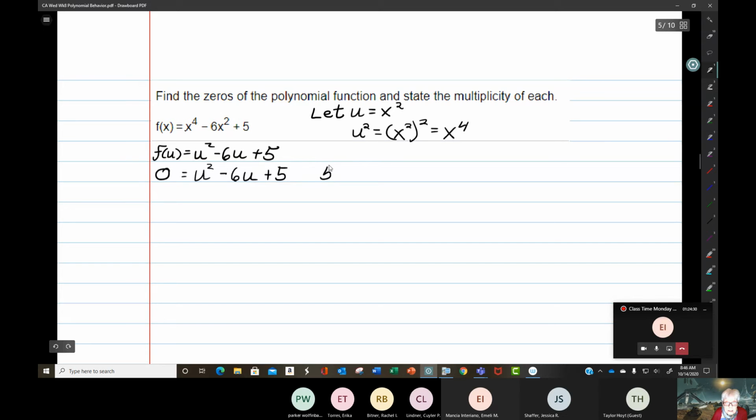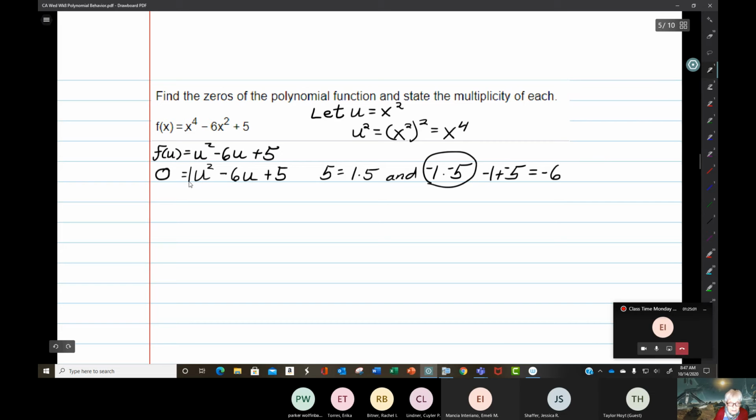And 5 equals 1 times 5, but it also equals negative 1 times negative 5. And negative 1 plus negative 5 equals negative 6. So I am going to use negative 1 and negative 5 to factor this.